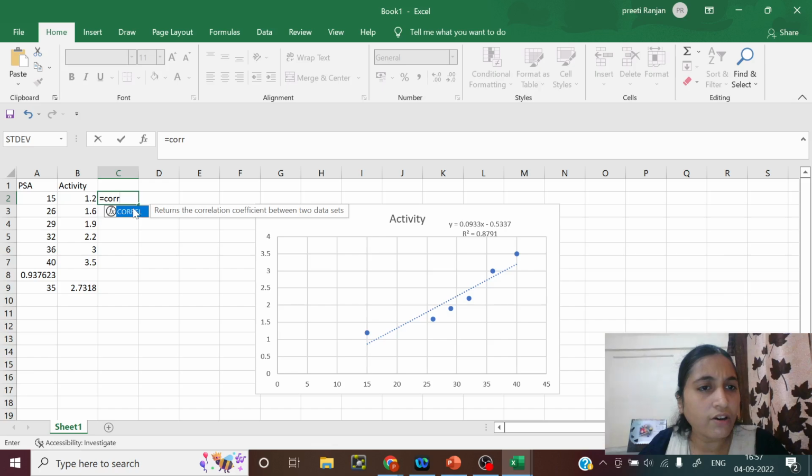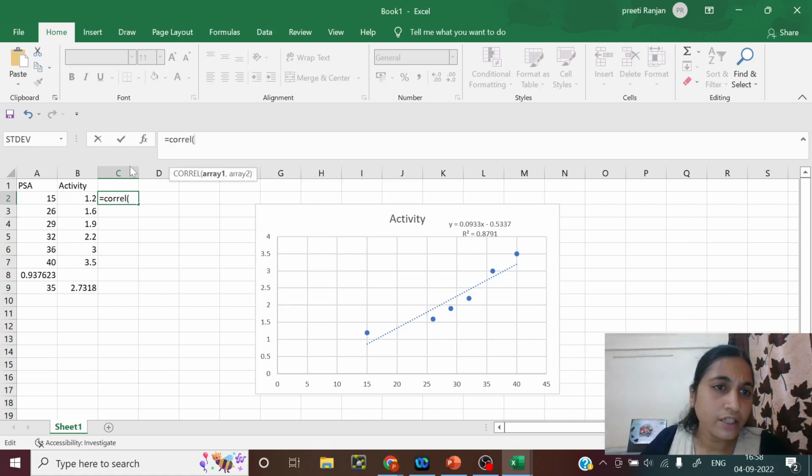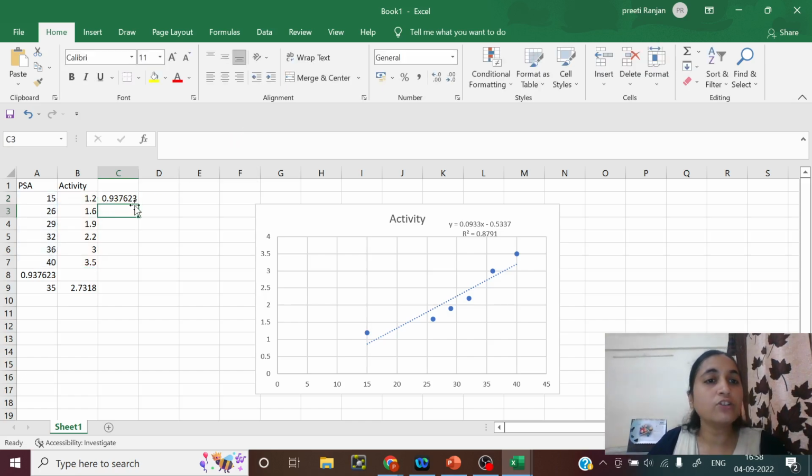This is the correlation coefficient. Then we take the PSA values. We select the whole range of PSA, put a comma, then select the whole range of activity, and then press enter. So this is the value, 0.937623. You got it? Okay.